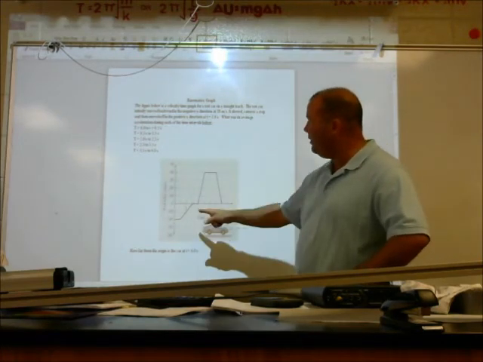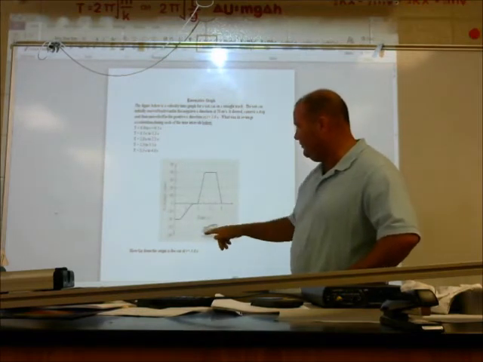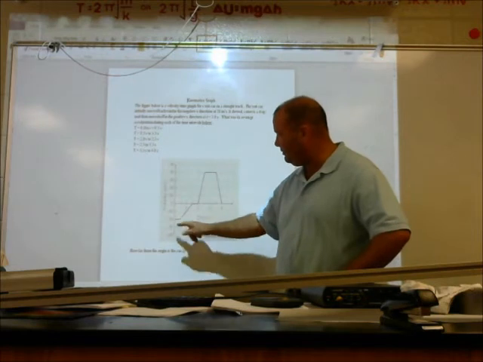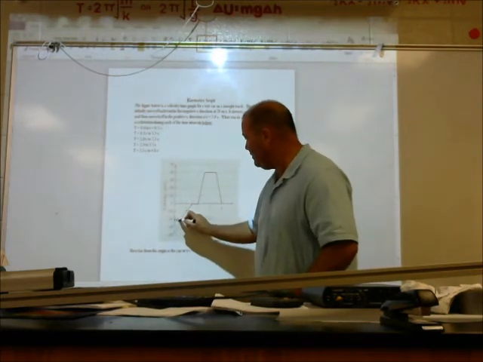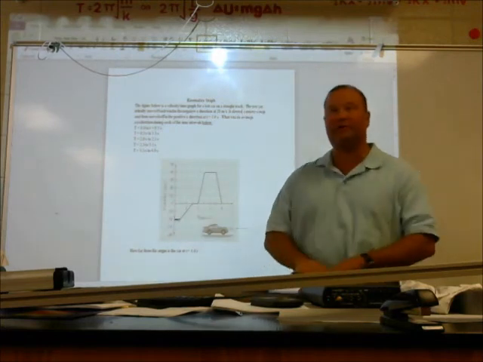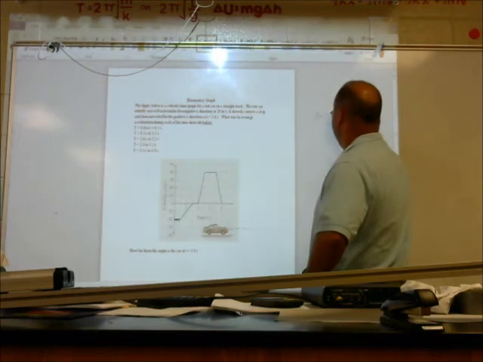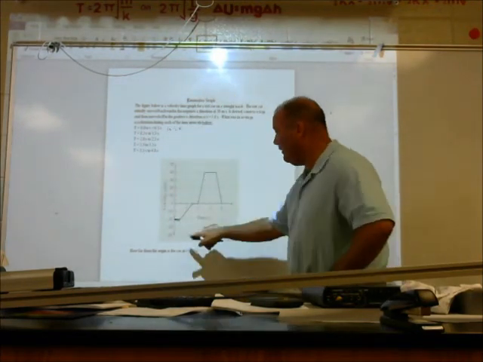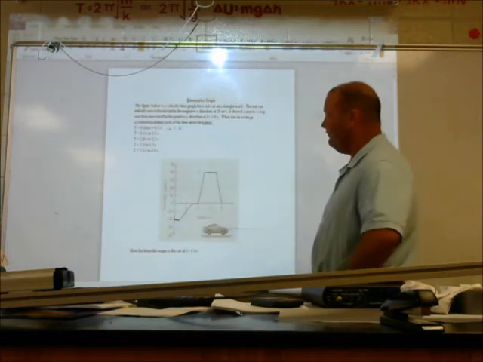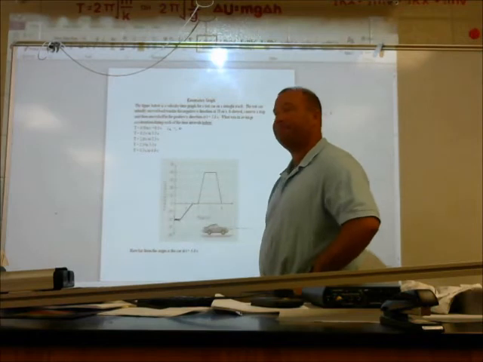So from 0 to 0.5, which would be on this portion of the graph, what's the acceleration? 0, right? Change in velocity is 0. So the acceleration equals 0. What about from 0.5 to 1.5, or during this segment of travel?